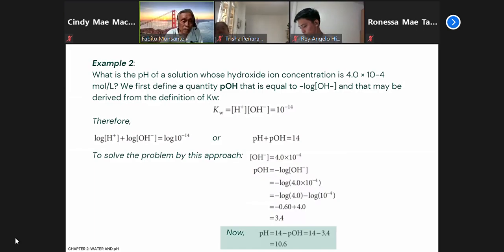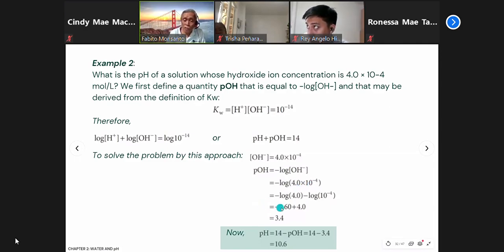We first define the quantity pOH that is equal to negative log of hydroxyl ions. So pOH equals negative log of 4 times 10 to the minus 4.